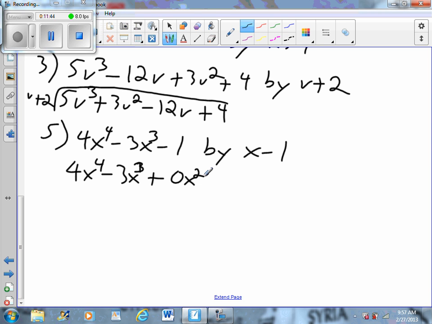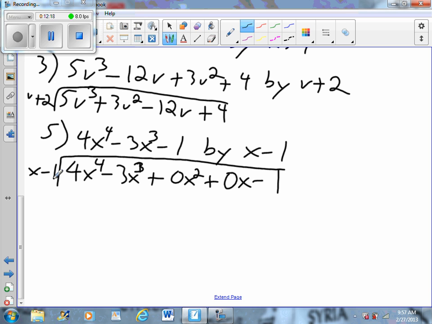You have to do that to hold the place value of whatever x squared term might be in the answer, plus 0x for the same reason, and then put the minus 1 out here. If you don't, you're going to find problems in trying to execute the division. So this is what you're looking at with x minus 1 out here, and then do the division process like we've done in the first problem, okay?